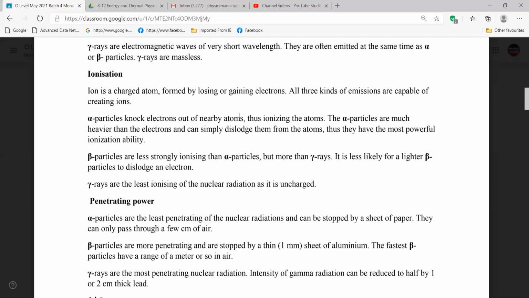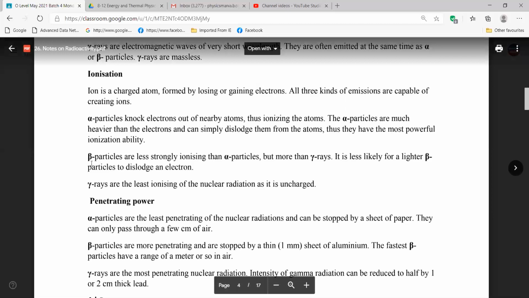Dislodge means they are coming out from the shells. If an electron is coming out from the shell, that means the atom is ionized, right? Now it is clear to you strongly? Yes, sir. Okay, continue.